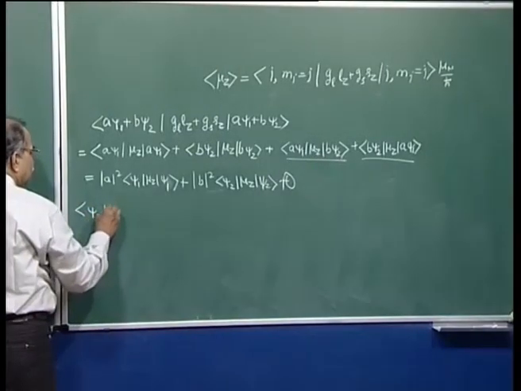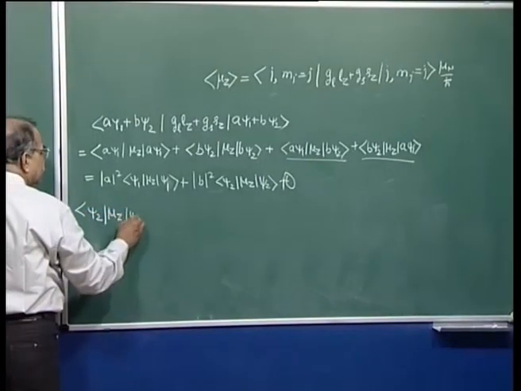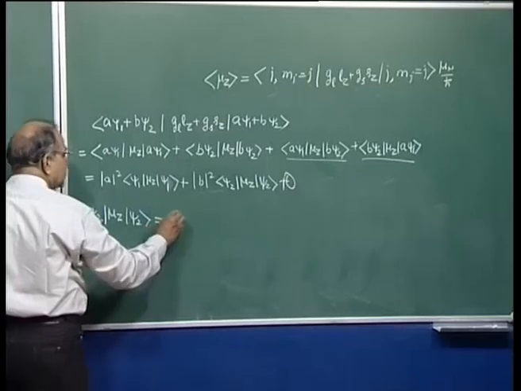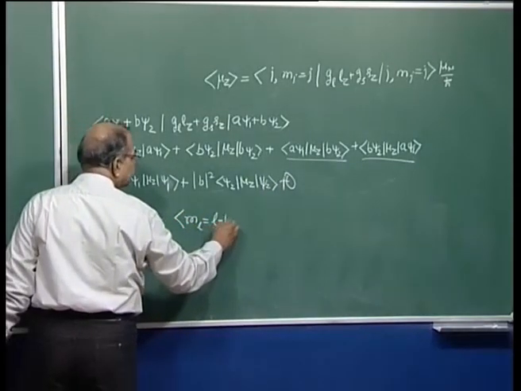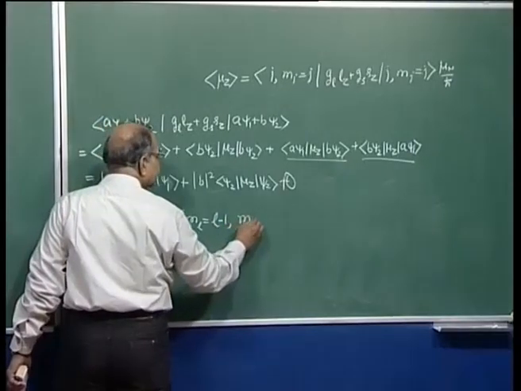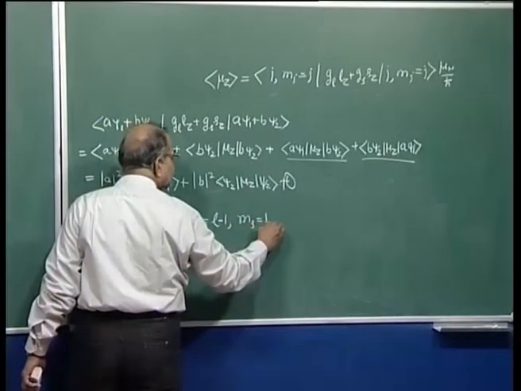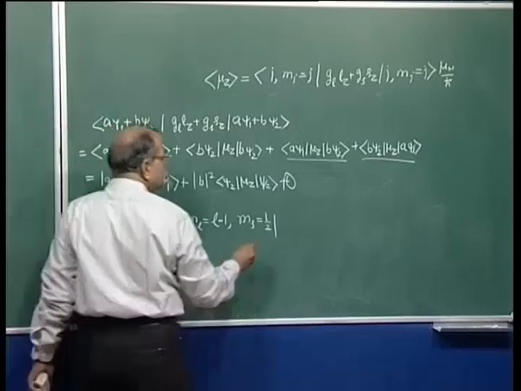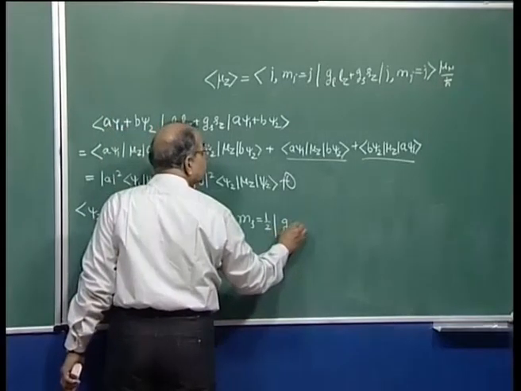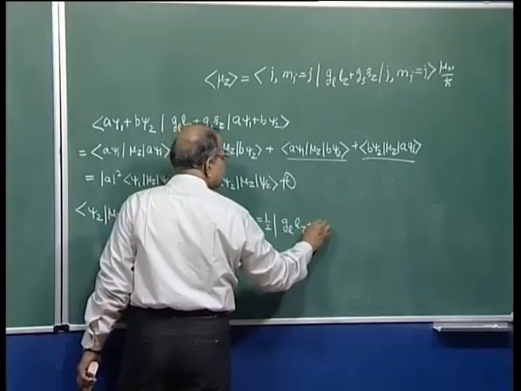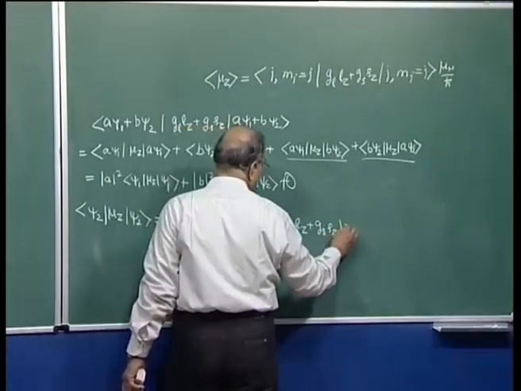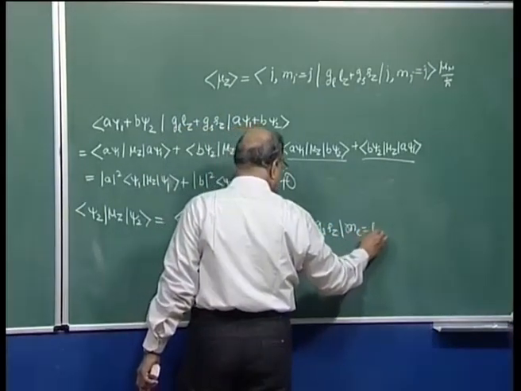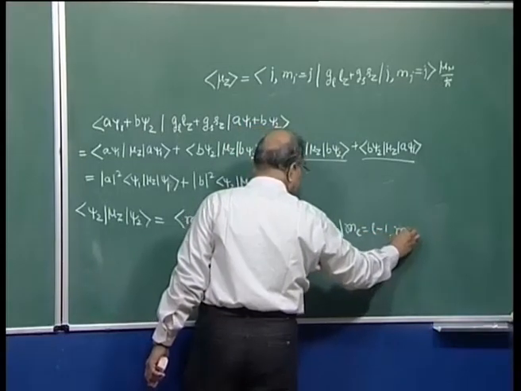Psi 2 mu z psi 2, and psi 2 means ML is L minus 1 and MS is half, and then mu z is GL Lz plus GS Sz, and then the same wave function.